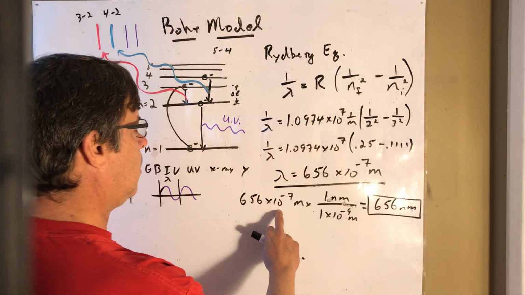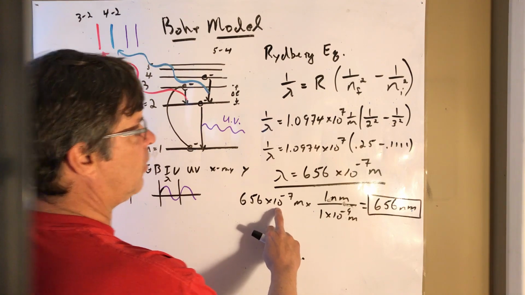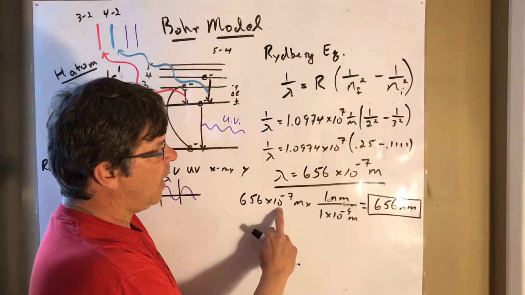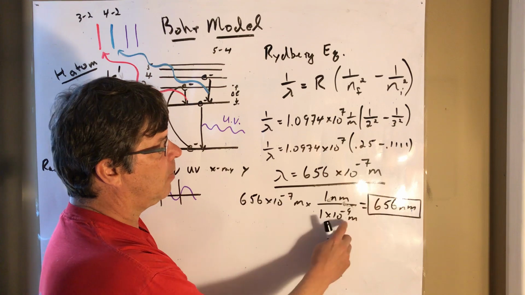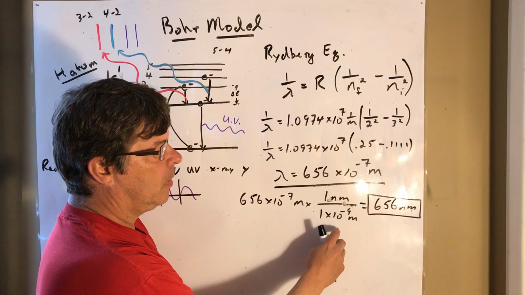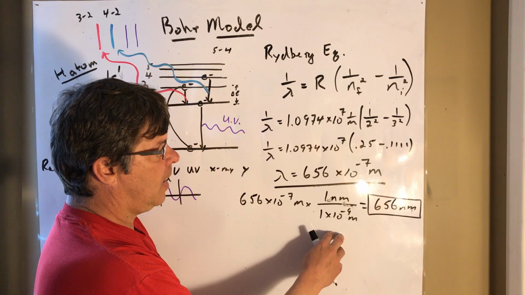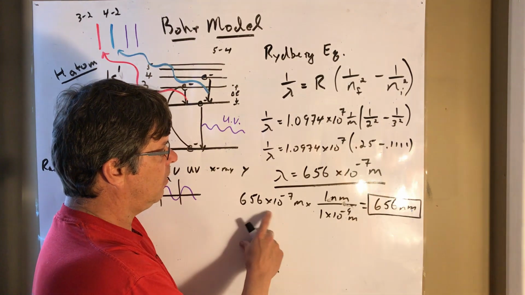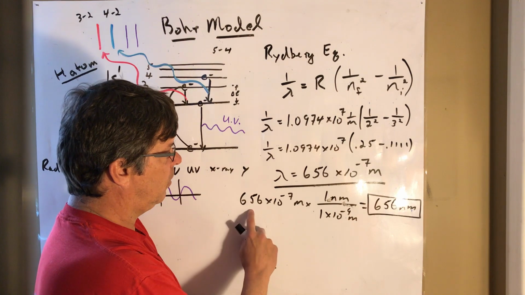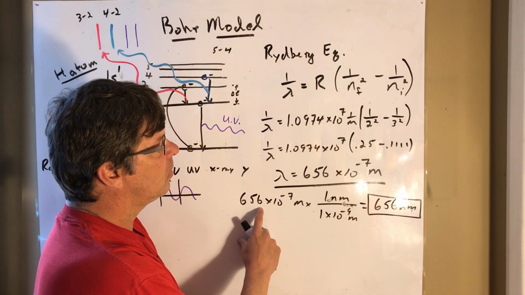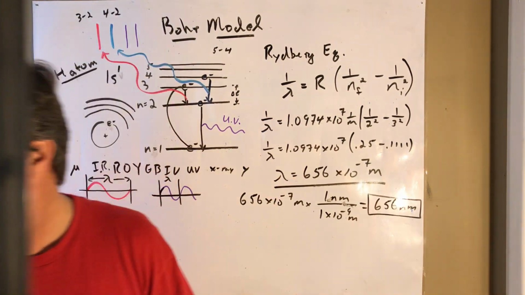Did I do that right? Let's see. When dividing by exponents, you subtract. So negative 7 minus negative 9 would be 2. So that's 10 to the second? Yeah. Hey, let me check my work. Hold on for a second.